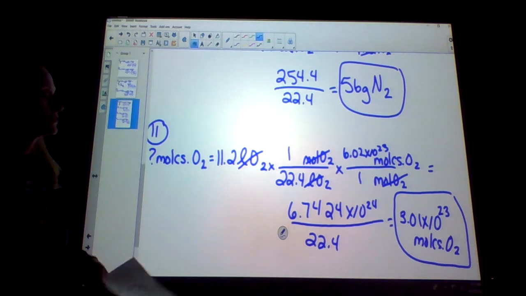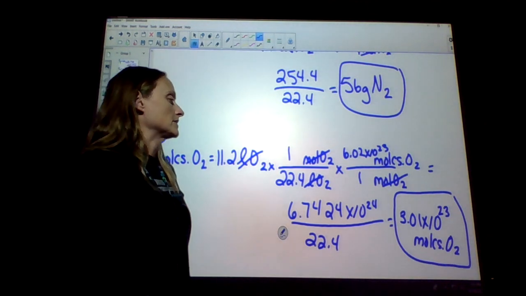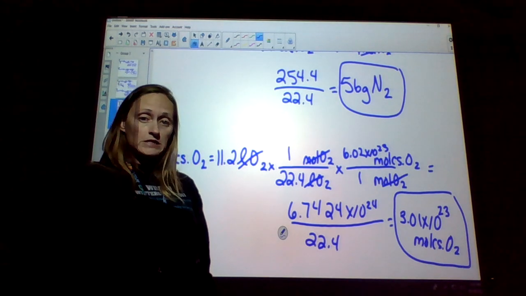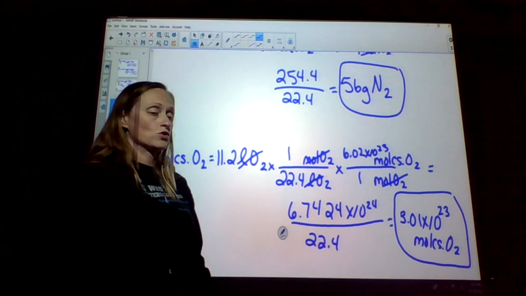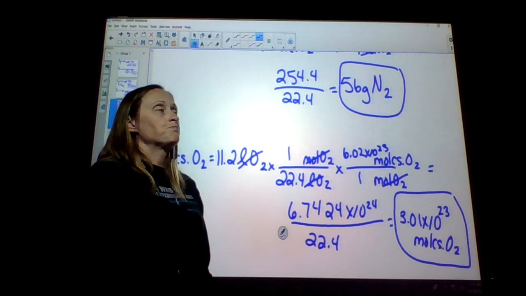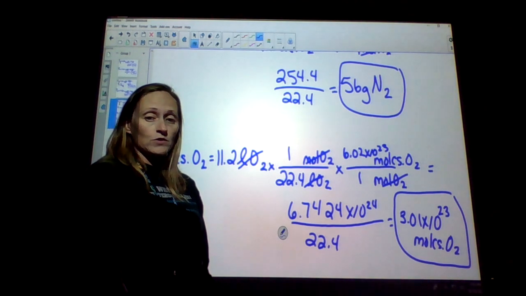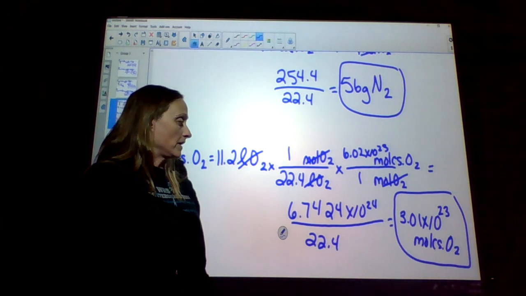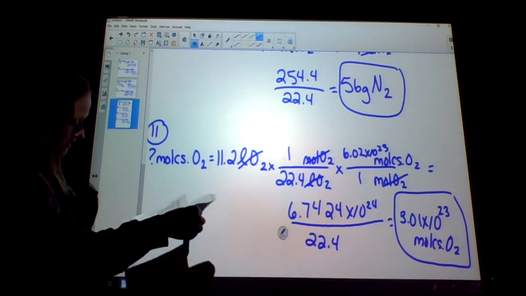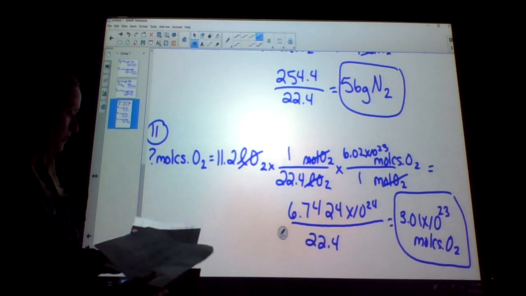And we get 3.01 times 10 to the 23rd molecules of oxygen. Again, make sure that you show your work, you label your answers, and you circle your final answer because it's easier to grade that way. Number 11 is going to be a model for 12 through 13.